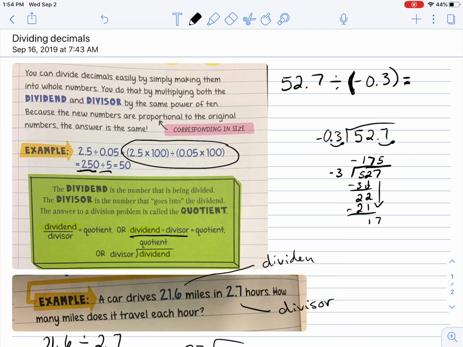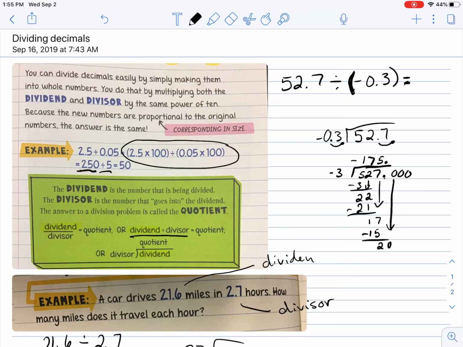Now, we can always add a bunch of zeros after any number. I put the decimal first because now we've got a bunch of zeros, but they all come after the decimal point, and now it gives us something to bring down. Since we've hit our decimal here, we also have to put our decimal up right here. So now we bring down the 0.